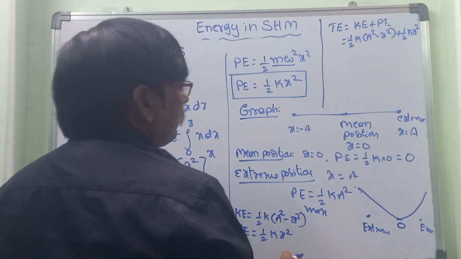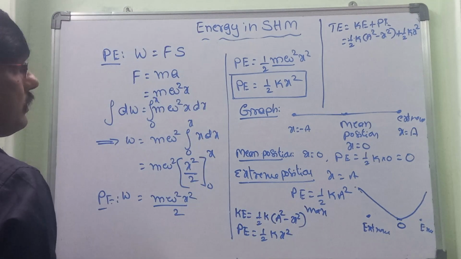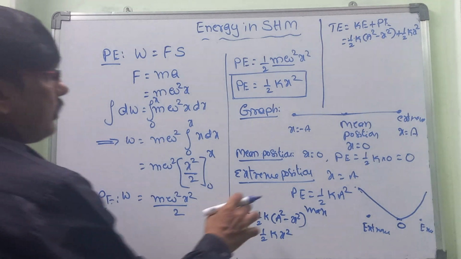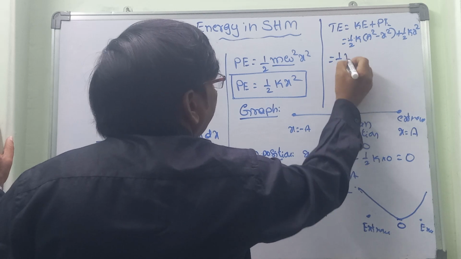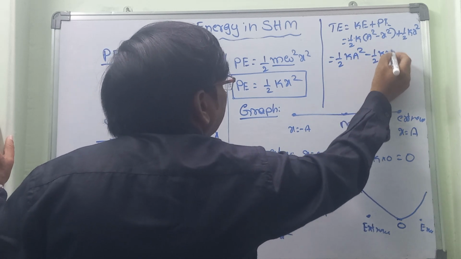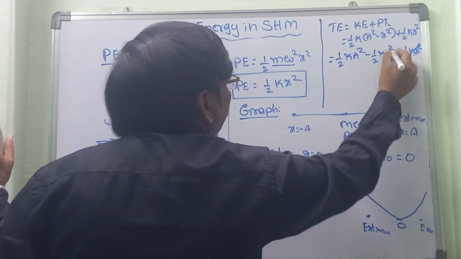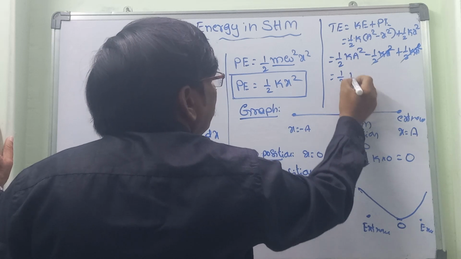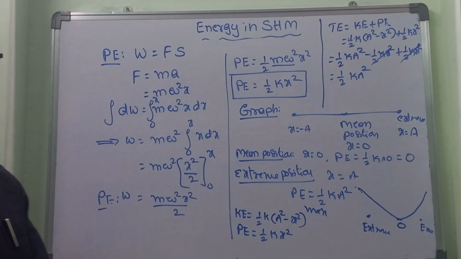So the expression for P is half k x square, that is equal to half k A square minus half k x square plus half k x square. These both get cancelled. Ultimately, how much will we get? Half k A square for the total energy.